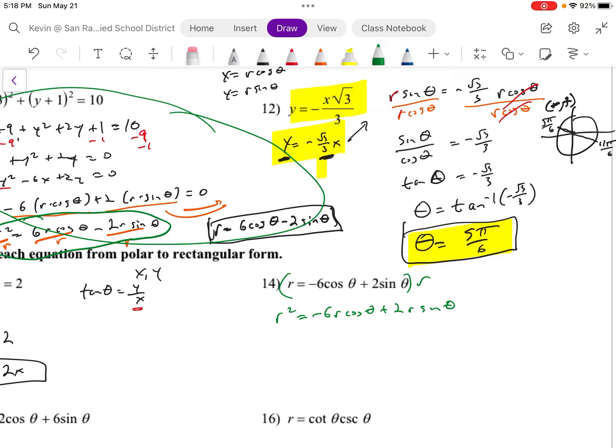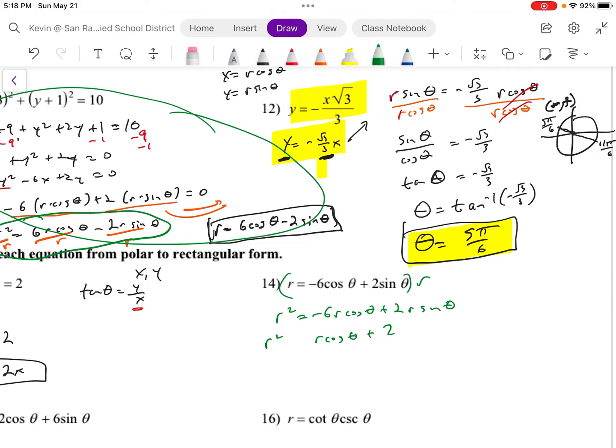All right. We're going to now bring everything over to one side. So we have r squared minus 6... oh, whoops, I'm bringing them over.